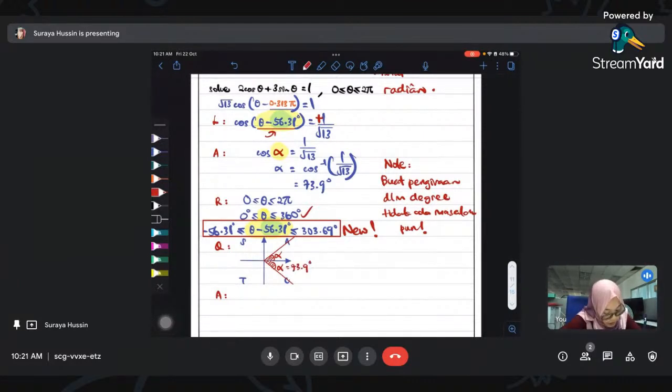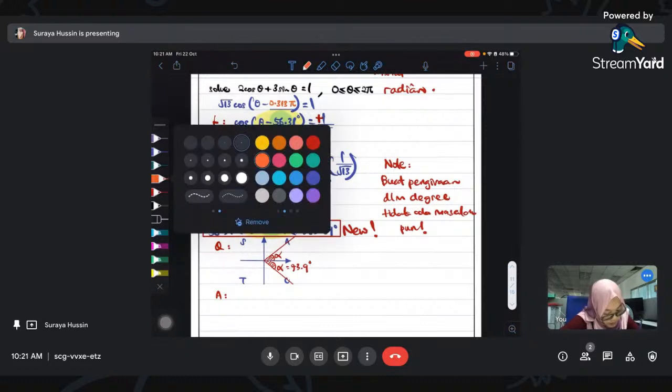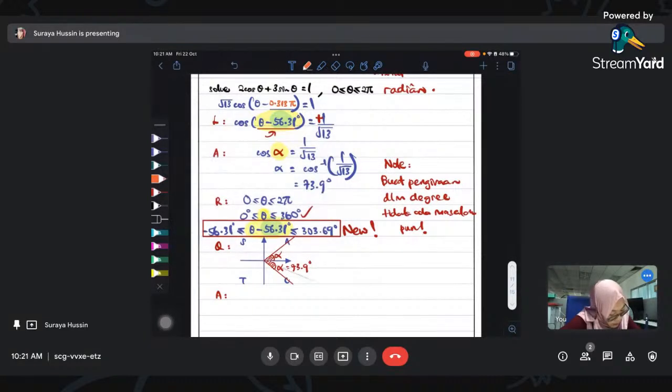Therefore, your dot, maybe I should use dot. Therefore, this is your negative 56.31. Dekat sini saya keluarkan negatif tu, negative 56. This is negative 73 lah kan. Sebab dia kat bawah kan.